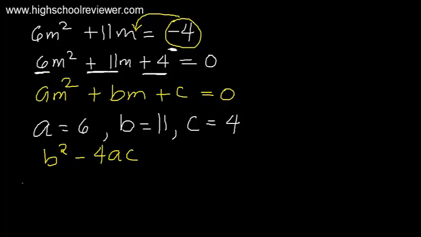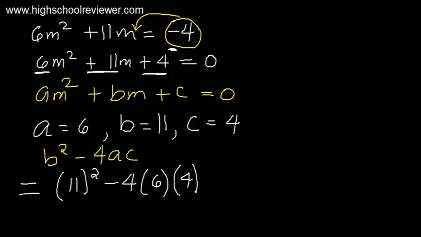So our discriminant here, our b is positive 11 raised to the power of 2 minus 4 multiplied by a, which is positive 6, and our c is positive 4.